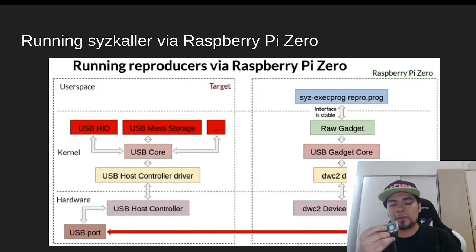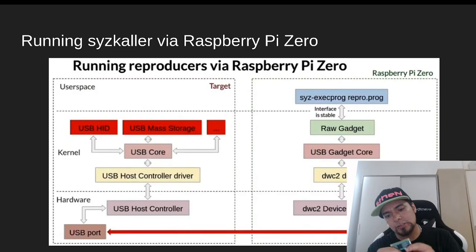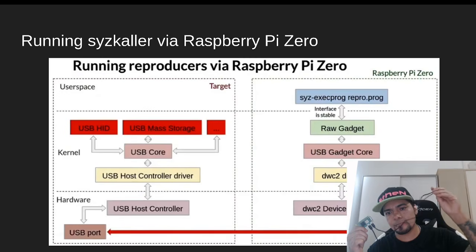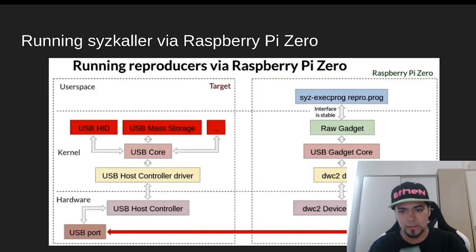Through one USB-C micro port you power on the Raspberry Pi, and through another port you emulate the USB device. You send the USB messages through this USB micro port. So these are the images that we are looking at in this slide.